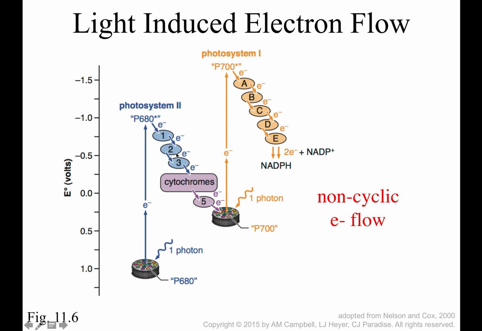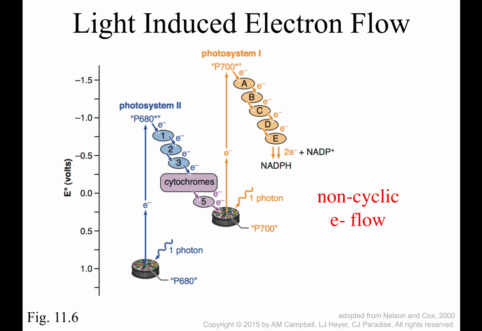So these electron carriers, which are in the thylakoid membrane, pass electrons from high energy, they got their energy from the sun, to a little bit lower, a little bit lower, a little bit lower, and so on in energy.